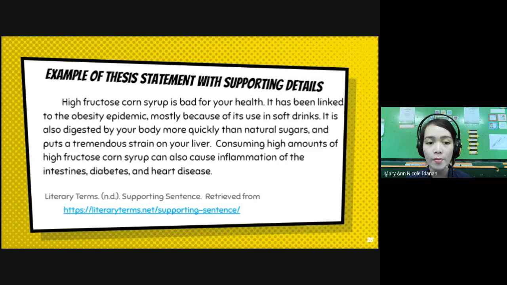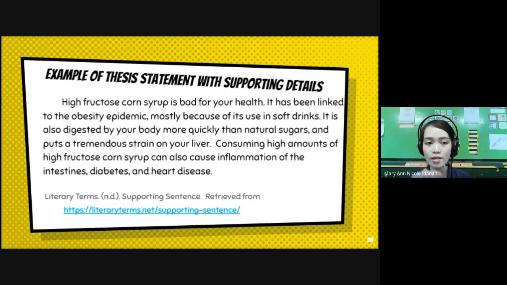Consuming high amounts of high fructose corn syrup can also cause inflammation of the intestines, diabetes, and heart disease. Those are the supporting details of her main idea that high fructose corn syrup is bad for your health. So that's how you do thesis statements.